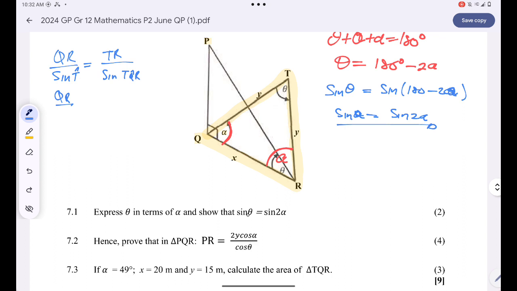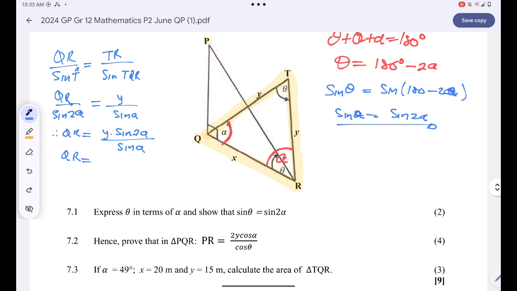We don't know QR, but sine of angle T, we can say this is sine theta. But I know that sine theta is equal to sine 2 alpha. And then TR is just equal to Y, and then the sine of alpha. Therefore, QR, multiply both sides by sine 2 alpha. You'll end up having Y multiplied by sine 2 alpha all over sine alpha.